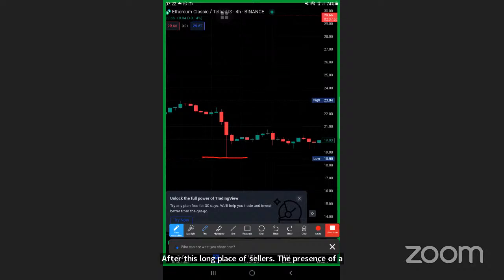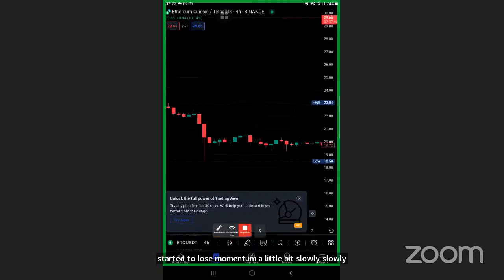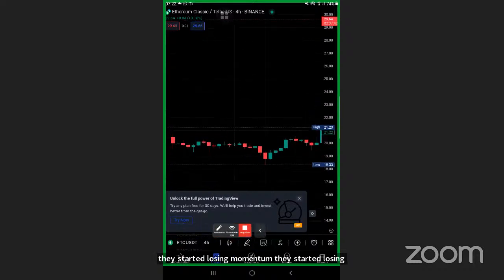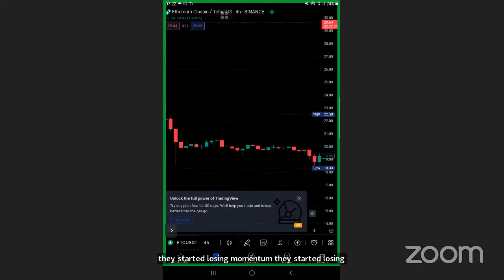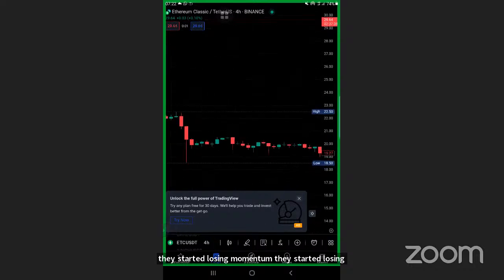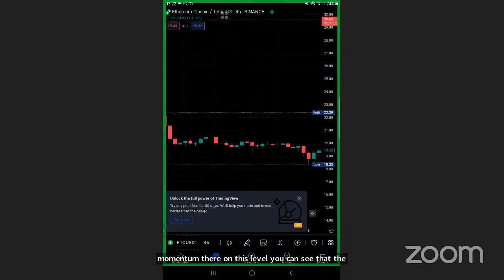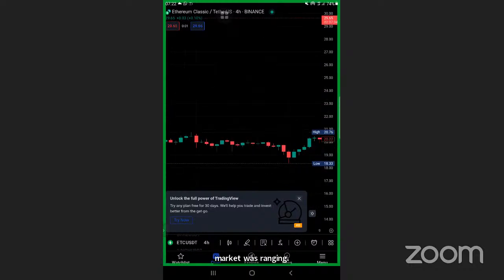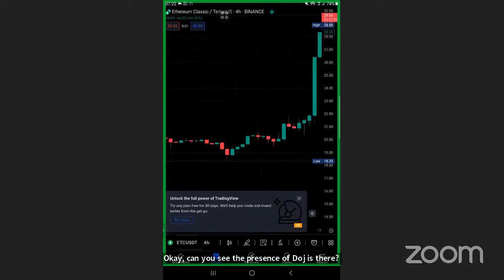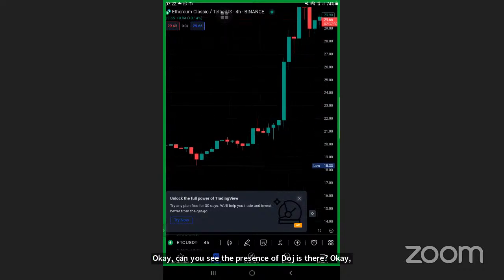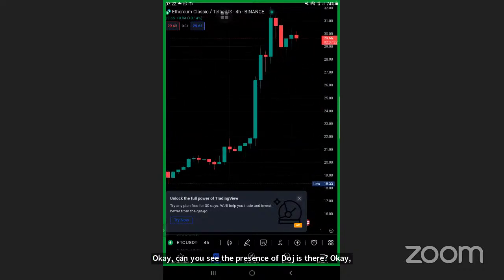You can see that sellers slowly started to lose momentum. On this level, you can see that the market was ranging. Can you see the presence of dojis there? The market was ranging. But after that, buyers came in full force. Can you see what happened now?